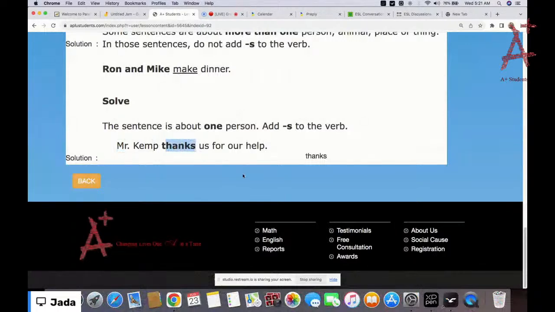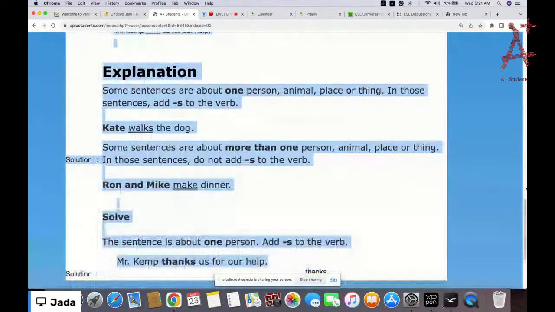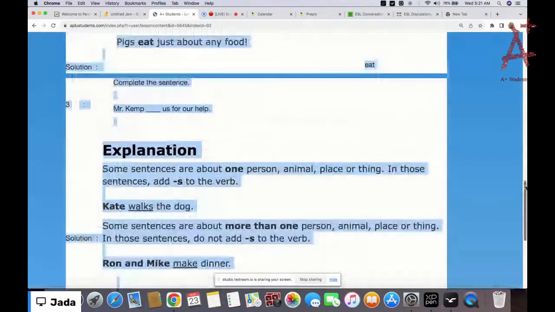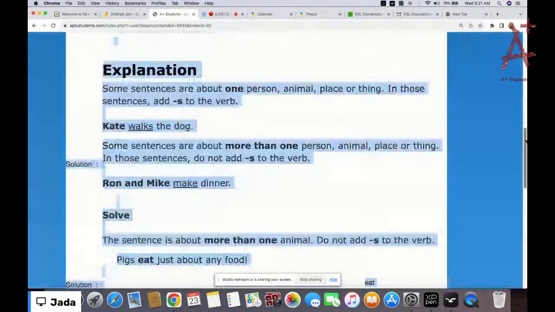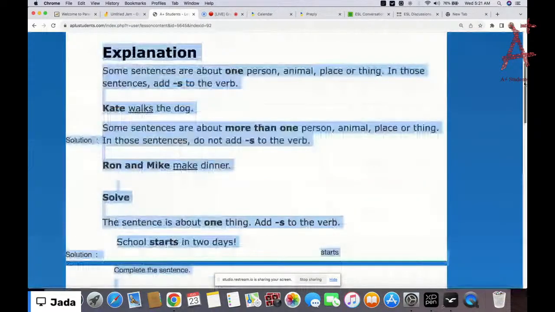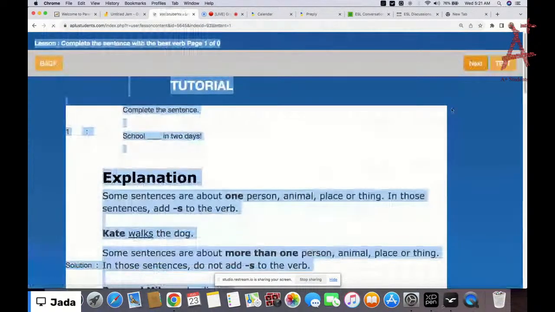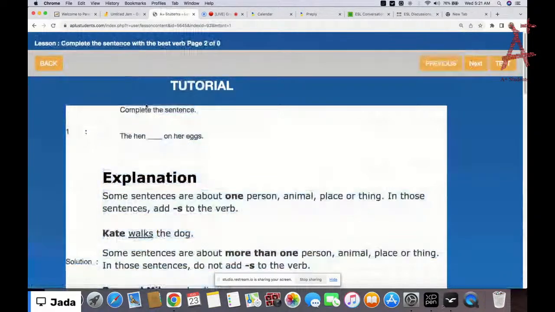Okay. All right. So let's go see some more examples before we move on to the test. All right, so the hen dash on her eggs. The hen.